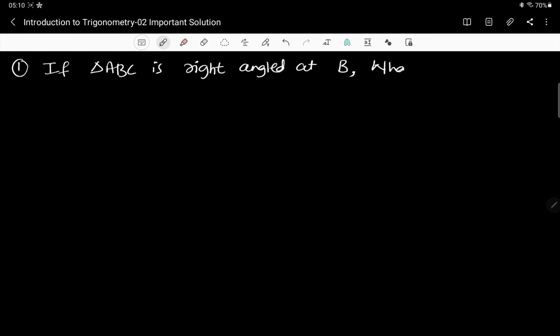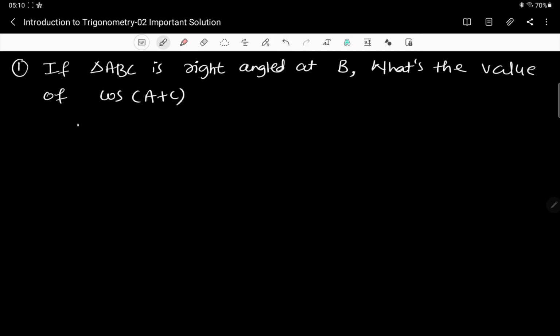Here is the first question. If triangle ABC is right angled at B, what is the value of cos of A plus C?